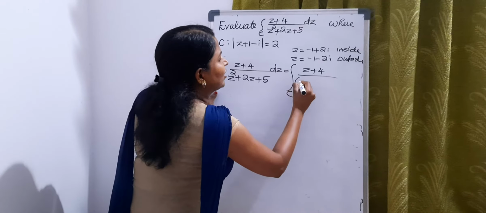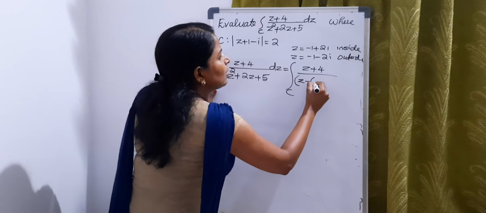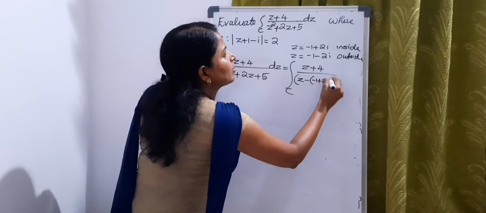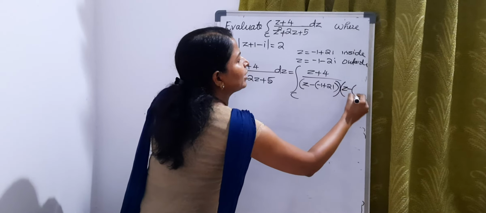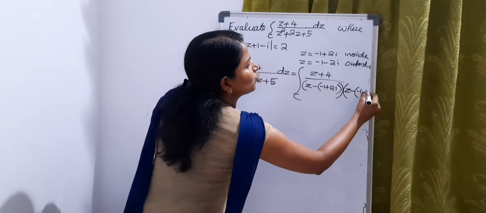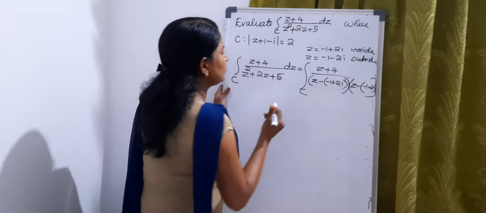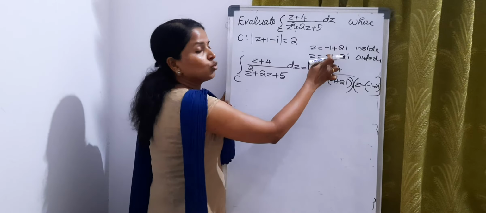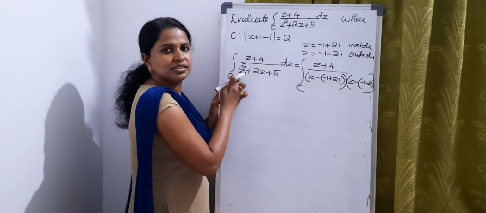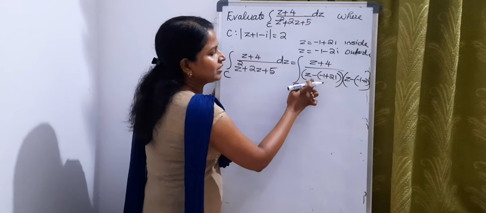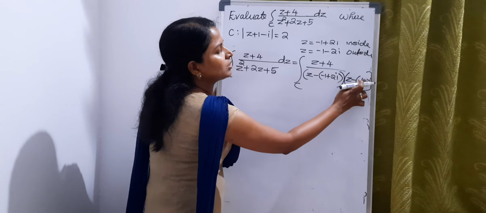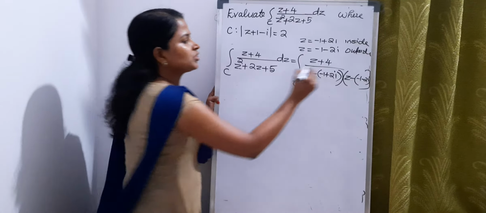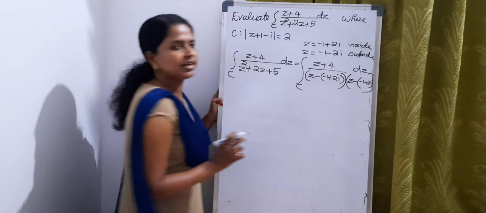So we write the factors: z minus of minus 1 plus 2i into z minus of minus 1 minus 2i. These are the roots. So dz.